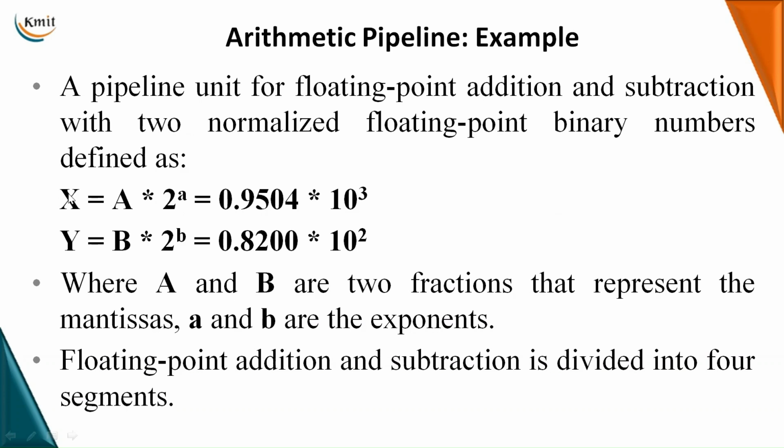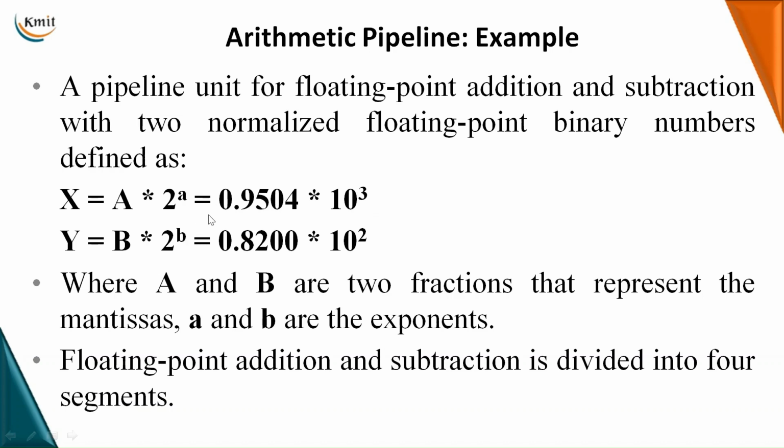Consider x as the first floating point number and y as the second, of the forms A into 2 to the power of a and B into 2 to the power of b, where capital A is called the mantissa part of the operand and small a represents the exponent. I have x in the form 0.9504 into 10 to the power of 3 and y in the form 0.8200 into 10 to the power of 2, where A and B are fractions that represent the mantissas and small a and small b are the exponents.